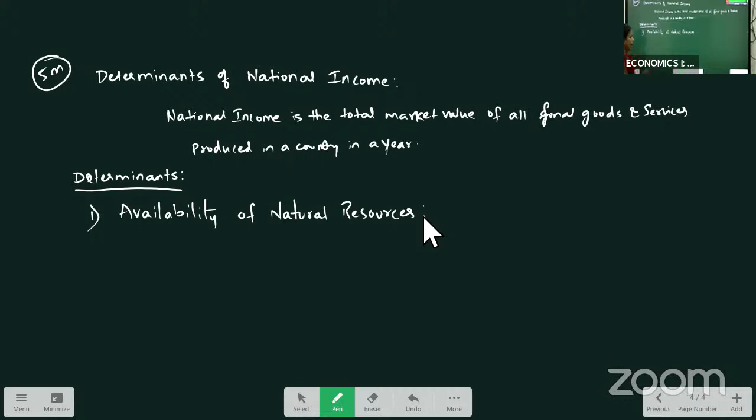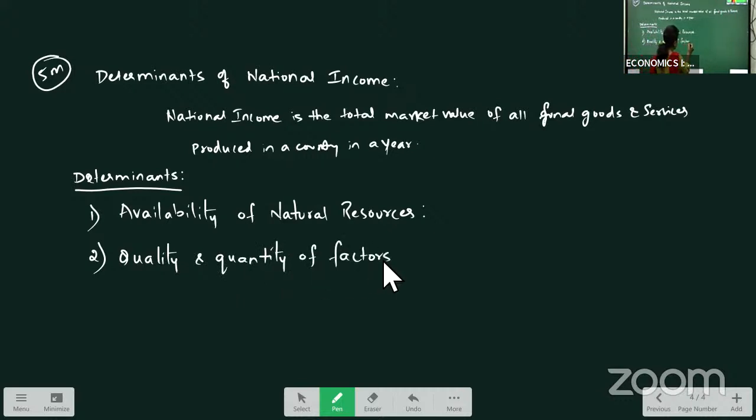Okay. Next factor which is affecting is quality and quantity of factors of production. See, what are our factors of production? Land, labor, capital, organizer. So if we use best quality factors, best quality land, best quality labor, our output will increase.